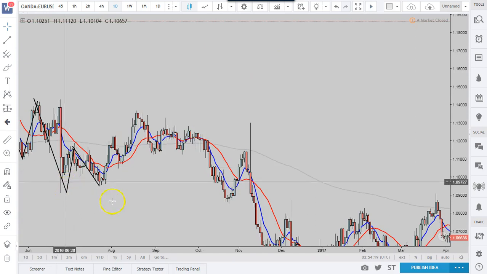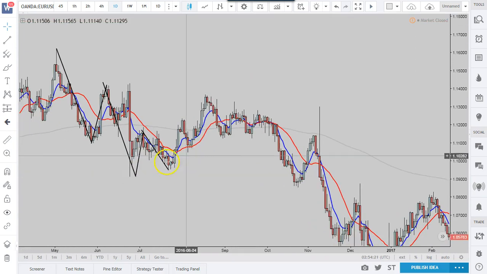You can notice why the price went up is because you can see this low right here didn't breach this low. So this low right here didn't breach this low. If this low had breached this previous low, then we would have seen the market continue to the downside.